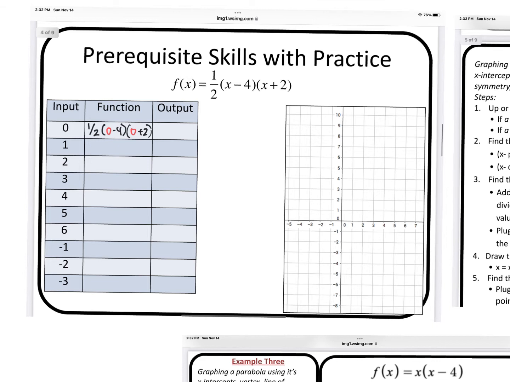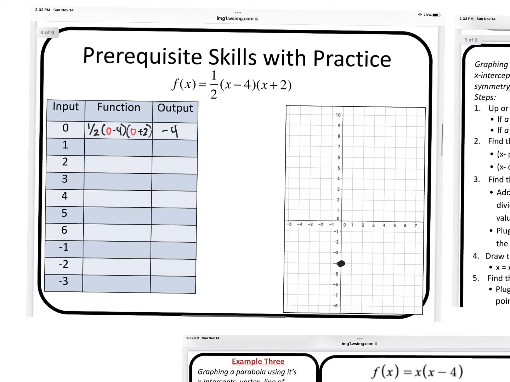All right, so we're plugging in 0 to the x's right here, and so this is going to give us a -4, okay, times a +2, that's going to give me a -8, and then I cut it in half, and that is going to give me the output of a -4. So I have my first point as (0, -4).